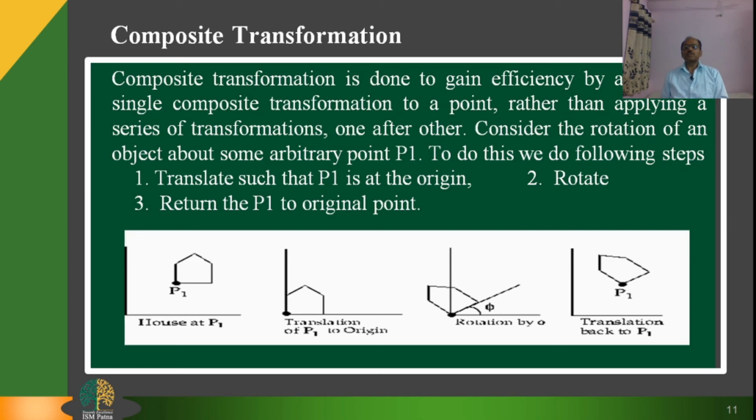So, to do this, we do the following steps. If we have an object which is at the origin and that has to be translated and rotated, with the help of composite transformation, we may do it. If we do not use composite transformation, we will do it in 4 steps as shown in the figure.